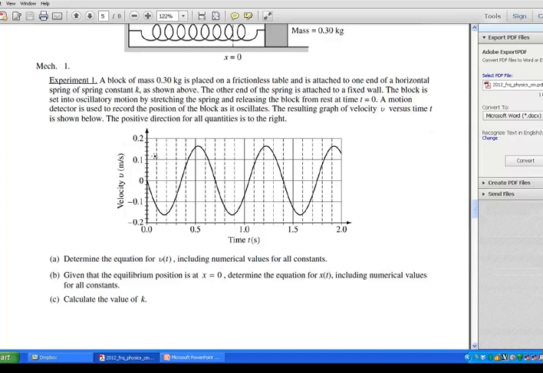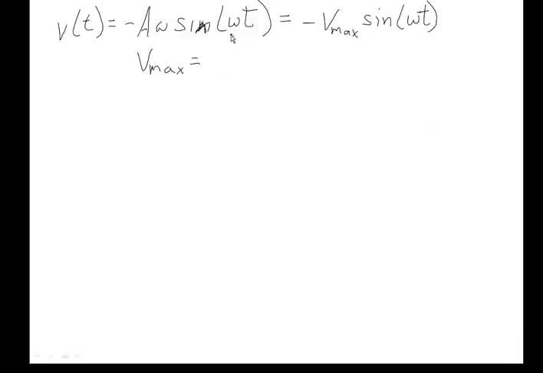When we go back to the equation, we're going to enter 0.16 meters per second for the maximum velocity, and again, we're getting that from the graph.